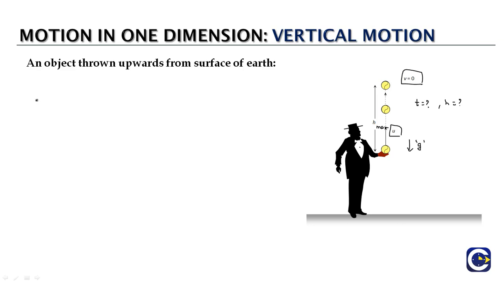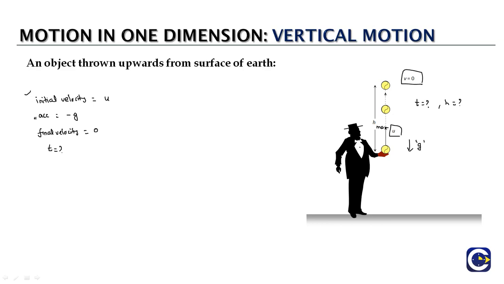Let us take a look at the variables that are given to us. Initial velocity is given as u, and we take it as plus u because it is in the upward direction. Acceleration we take as minus g, since it is g in the downward direction. Final velocity will be 0 because we are looking at the maximum height position, and we want to know the time it takes to reach there.